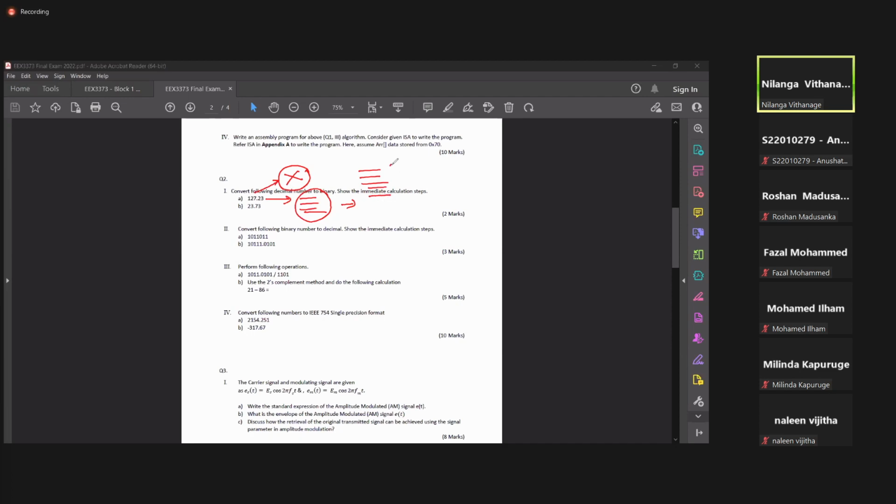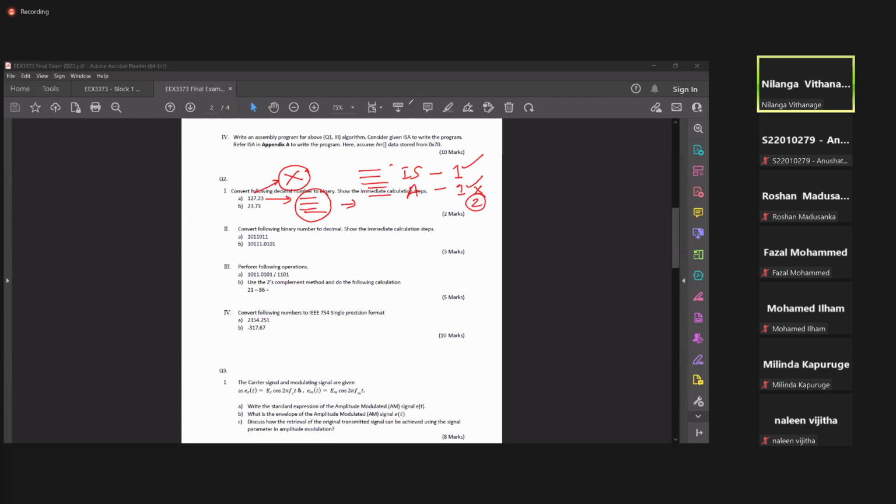So let's say if you allocate 2 marks for one question, we will give 1 mark for intermediate steps and 1 mark for the answer, right? So if you have mentioned the answer only, you may not get any mark. But if you have intermediate steps as well as the answer, you can get 2 marks, something like that.